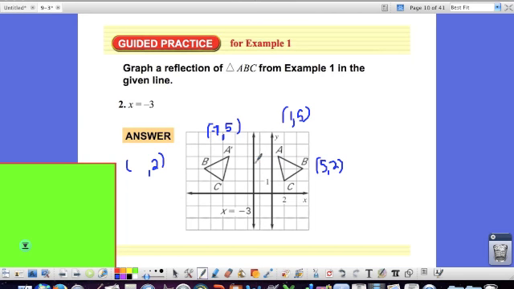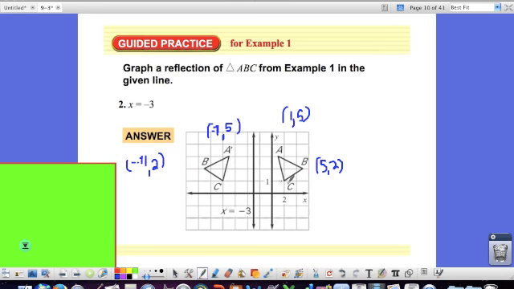So -3 minus another 8 spaces is -11. Pen here is not working. It's hard to see this. So this is at -11.